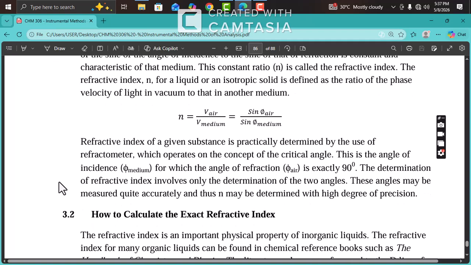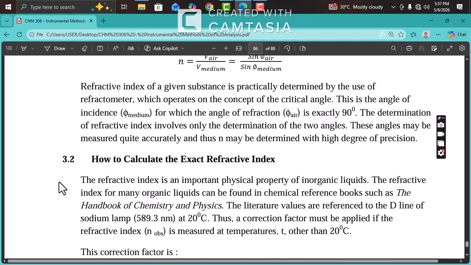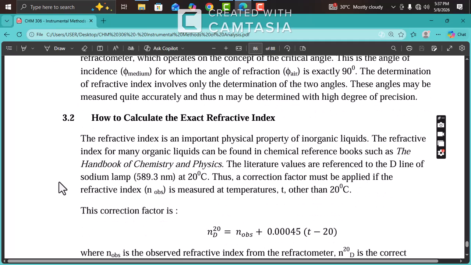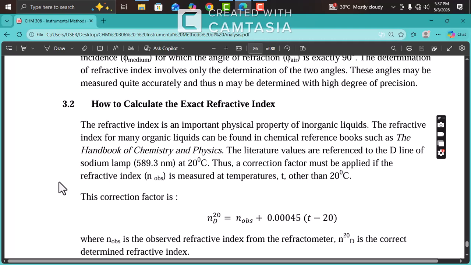Now, how do we calculate the exact refractive index? Generally, as I said earlier, you can get literature values for the D line of the sodium lamp, that's 589.3 nanometers at 20 degrees Celsius.